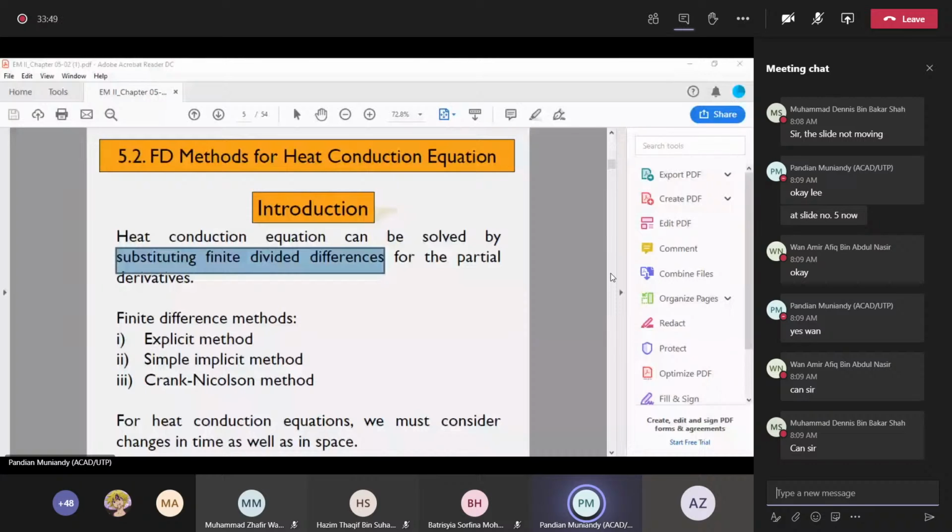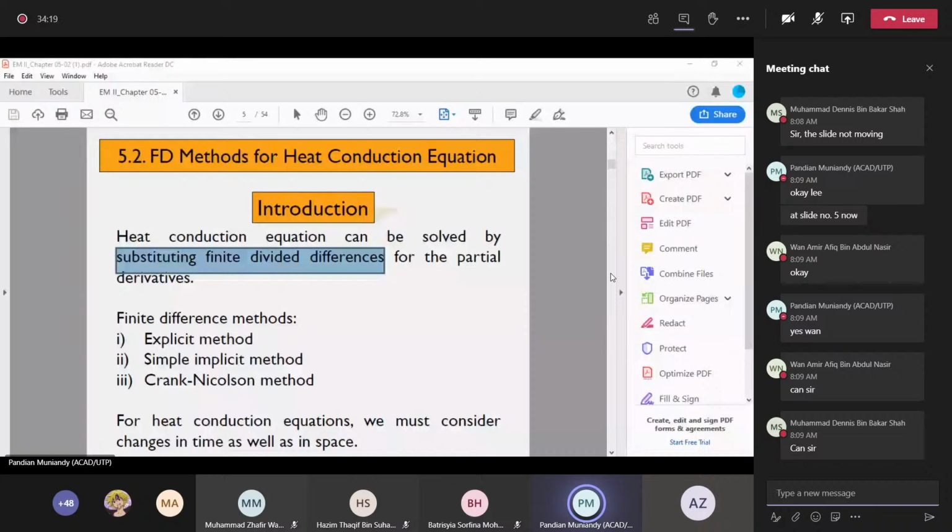So what we will do in this session, we will do finite difference methods, explicit method first, and then we will move on to simple implicit method. In calculus, we say explicit function and then implicit function.